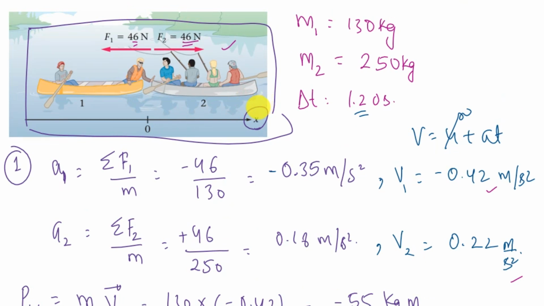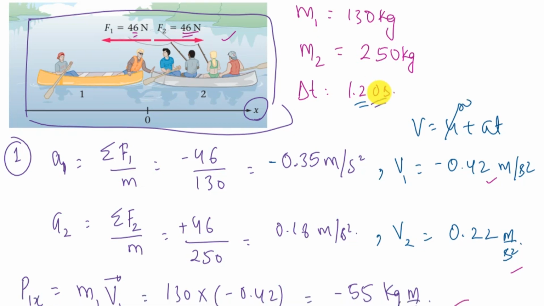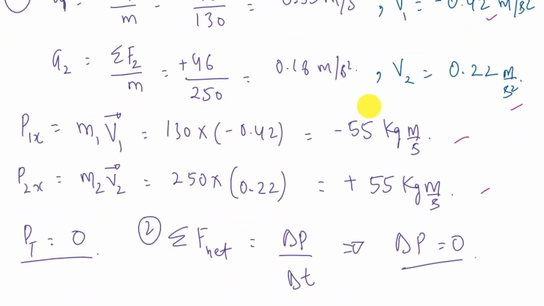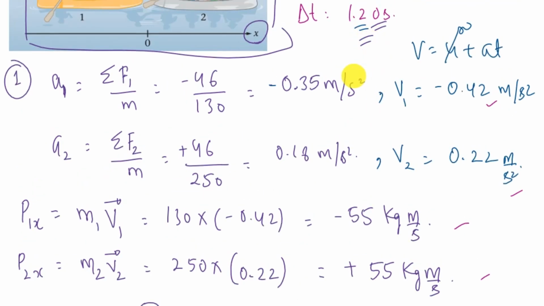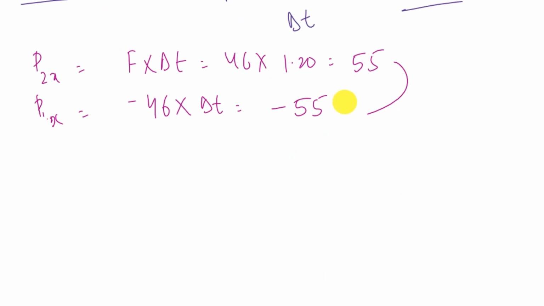But after pushing it, after time delta t, will the kinetic energy of the system be equal to 0, or greater than or less than the initial kinetic energy? This is what we have to find. So pause the video and try to think what the final kinetic energy would be after 1.20 seconds. So I hope you tried.